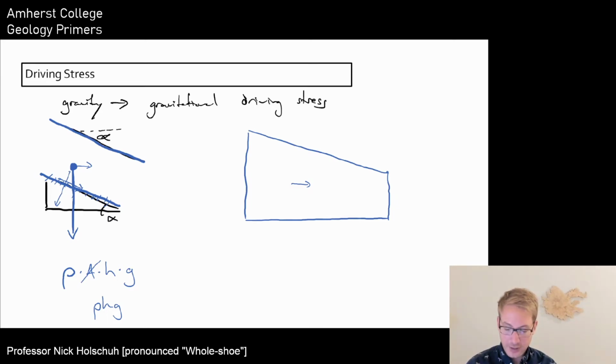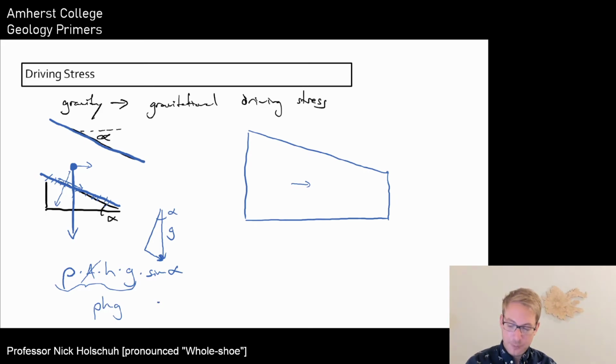If this is our traction force from gravity, this angle is also alpha. If we want to know just this component of our stress, our shear stress at the base, then we can take our gravitational traction, which is here, times sine alpha.